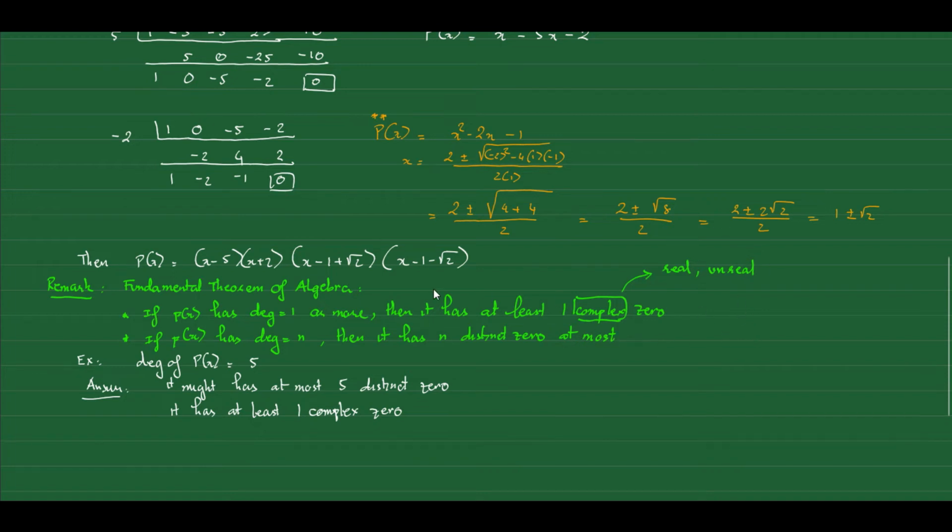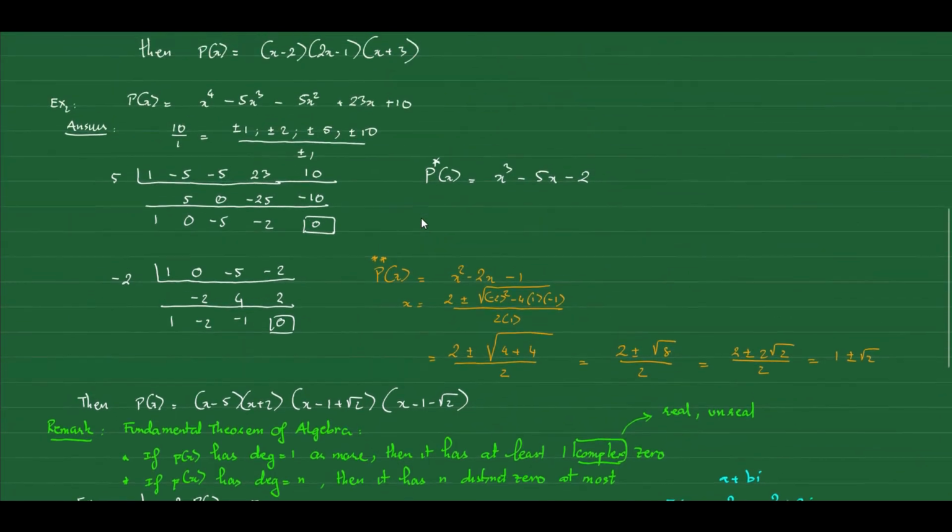Any number can be expressed as a complex number. Let's do a quick recall here. The complex number is in the form a plus bi, right? Now think about any number. What if I have 2? 2 is actually 2 plus 0i. So 2 is also a complex number. So the complex number here means real and unreal ones.